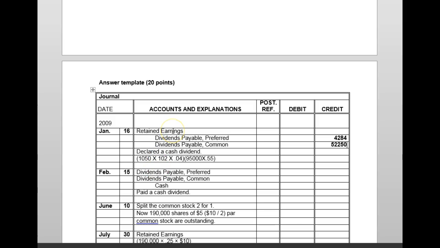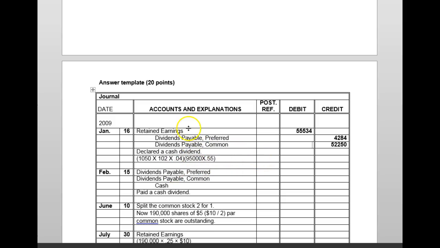Now you can do your retained earnings, because when you declare dividends, it comes out of retained earnings, which is the holder of net income. So you add these two together, and you're going to debit your retained earnings for 55,534. And that is your first entry.